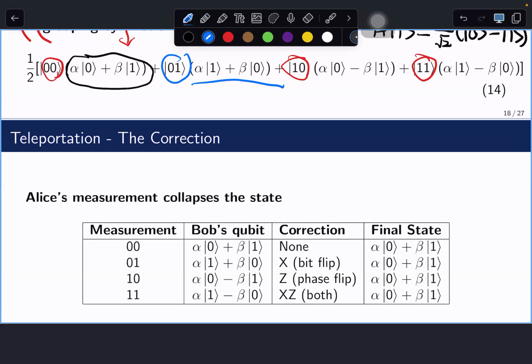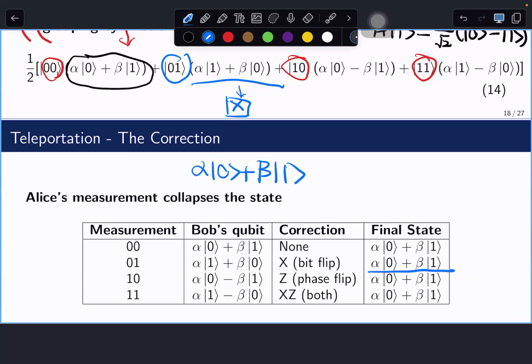So after we apply the X gate on the third qubit, we will have alpha |0> plus beta |1>. The X gate is activated to transform this last qubit back to the information we want to send, as shown here.